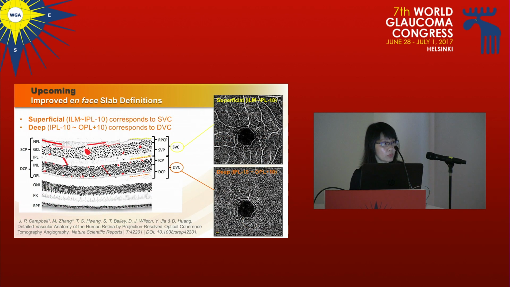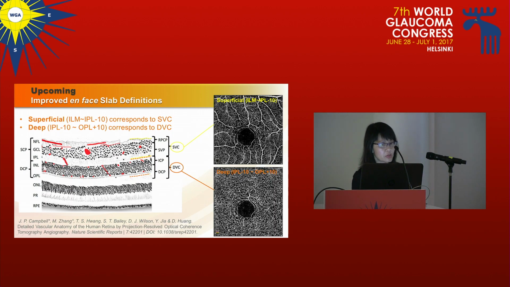So in the coming software, we will update some of the en face slab definitions to be somewhat modified from the previous software versions to better match the vasculature definitions as described in the recent paper by Dr. Huang and the OHSU group.